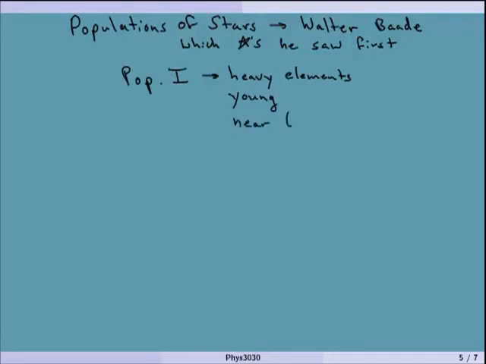By near, I mean they exist in the arms of galaxies, because we're in one of the arms of the Milky Way. These are actually the youngest stars, and they're called blue stars. There are a lot of blue stars, and that just means what range of light they give off.